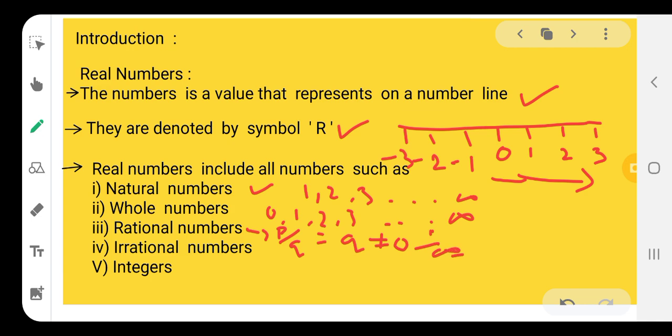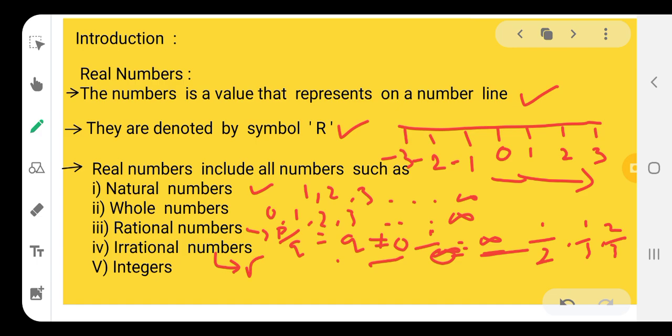So q should not be equal to 0. So numbers in the form of p by q, like 1 by 2, 1 by 3, 2 by 3, etc. These are the rational numbers.